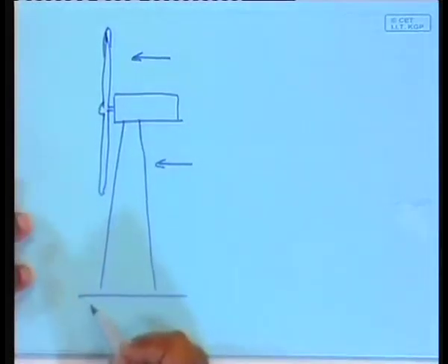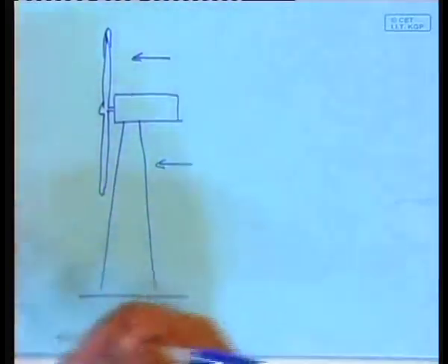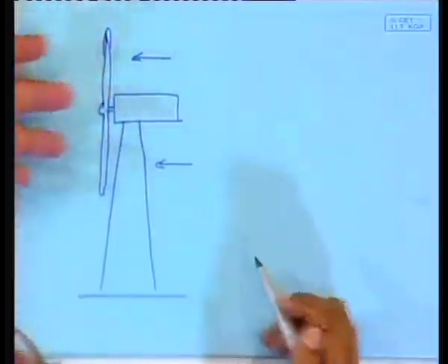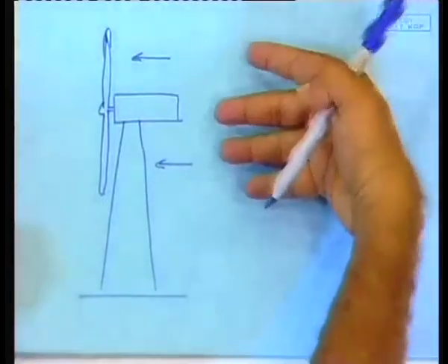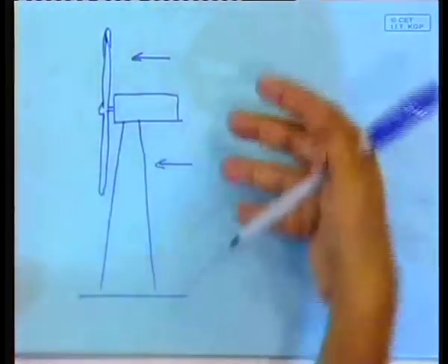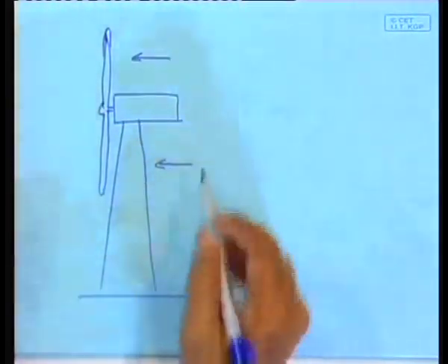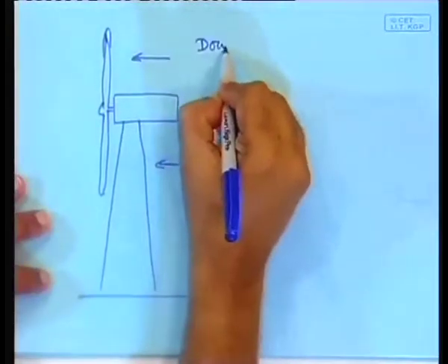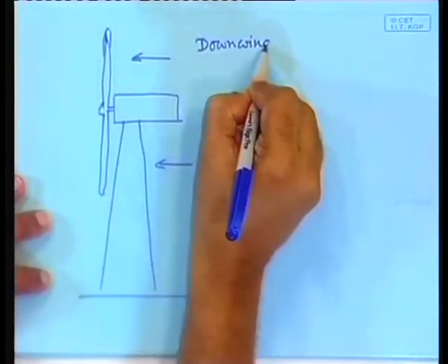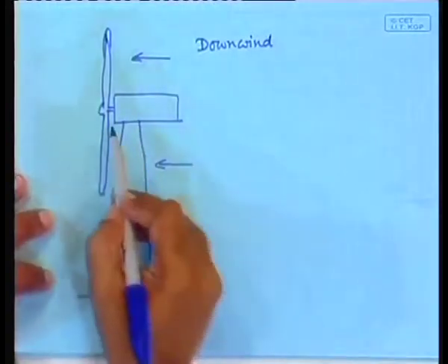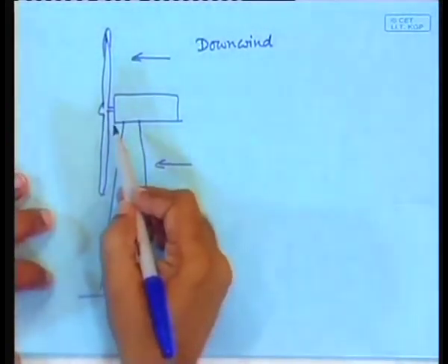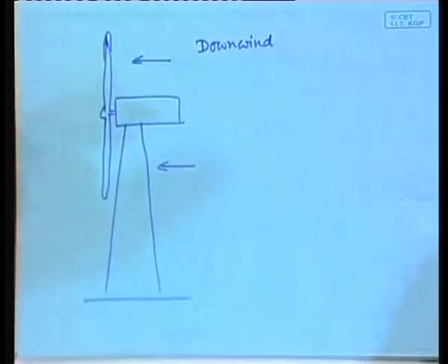You can design the wind turbine so that it faces this way, or you could also design it so that it faces the other way. If it is this way, it is called a downwind turbine. And if it is downwind, do you need to do a yaw control? No, because it automatically turns.